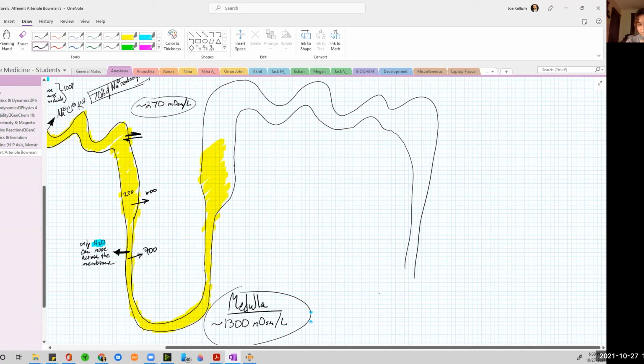Okay, cool. And so on the way back up, you've got two different parts of this thing. The whole downward part was called the descending limb of the loop of Henle. On the upward journey, you get a thin ascending and a thick ascending limb.